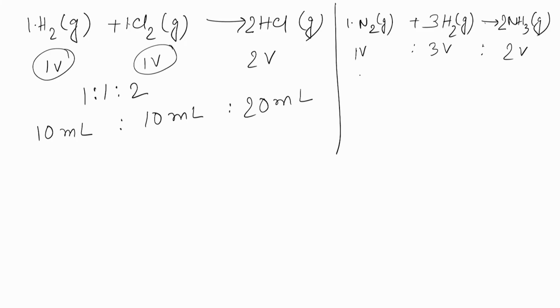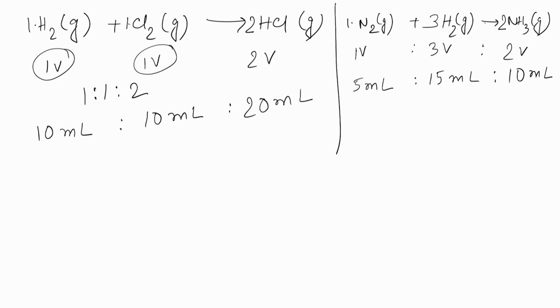Let's say we take 5 ml of nitrogen. So, 5 ml of nitrogen, that is 1 volume, will react with 3 volumes of hydrogen. The volume of hydrogen will be 15 ml, and they will form 2 volumes of ammonia, that is 10 ml of ammonia formed.